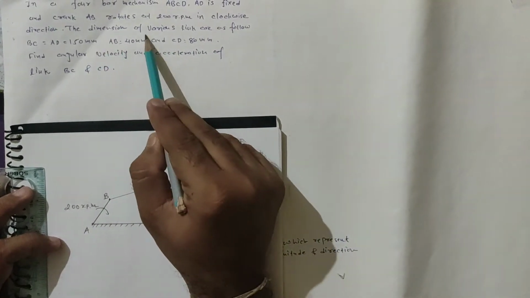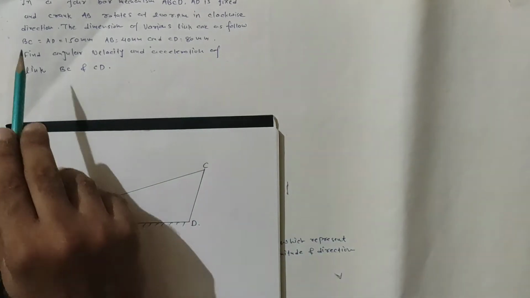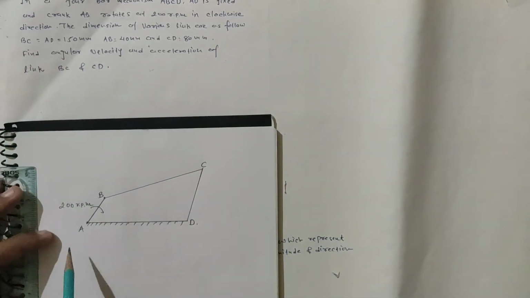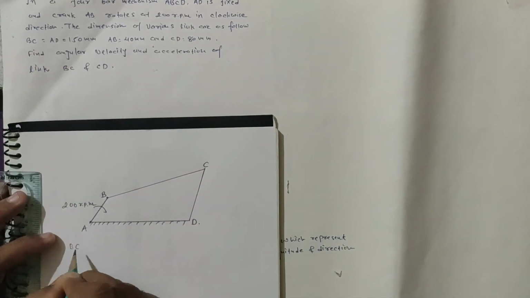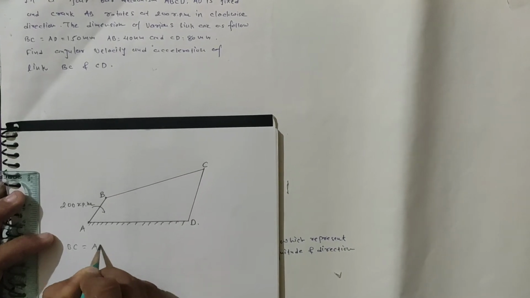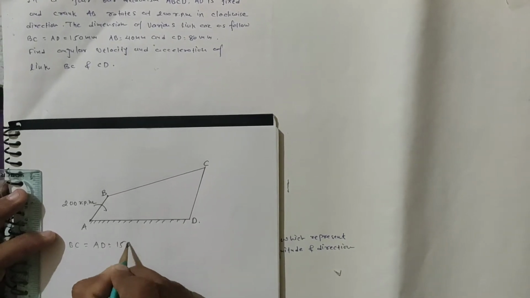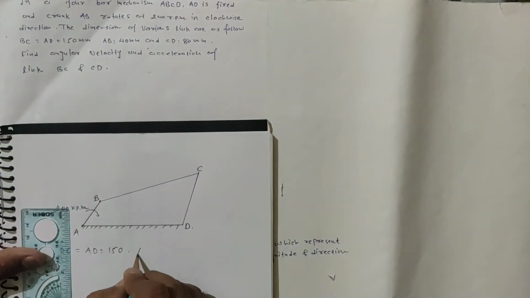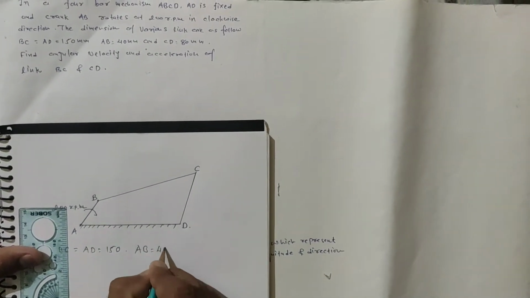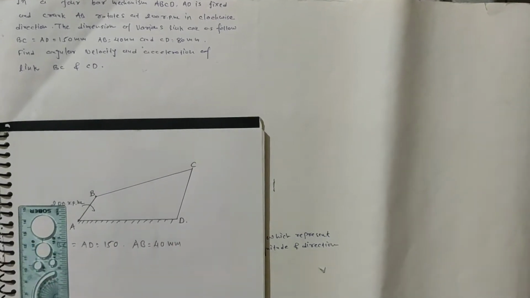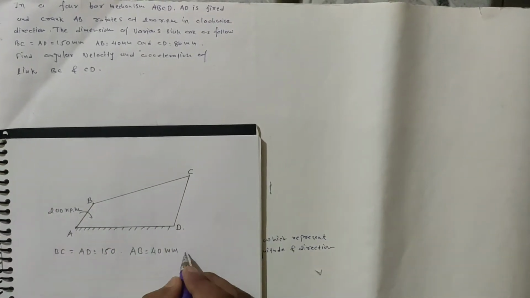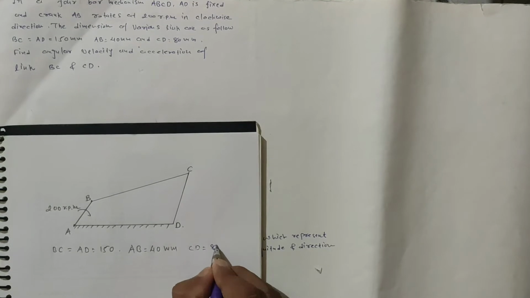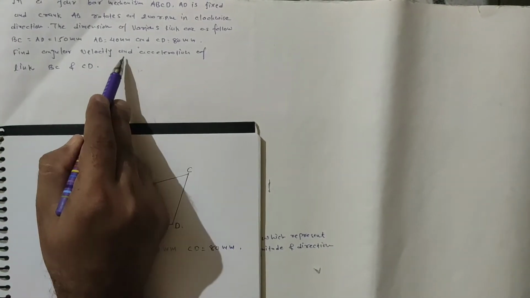The dimensions of the various links are as follows: AD is equal to 150, BC is equal to 150, then AB is equal to 40 mm, then CD is equal to 80 mm. Find the angular velocity and acceleration of link BC and CD.